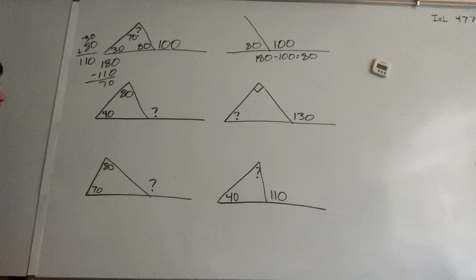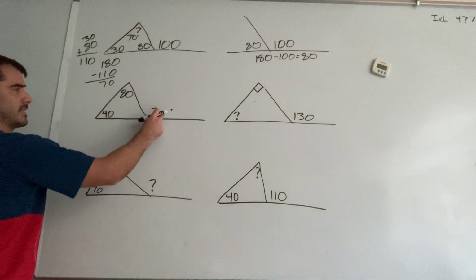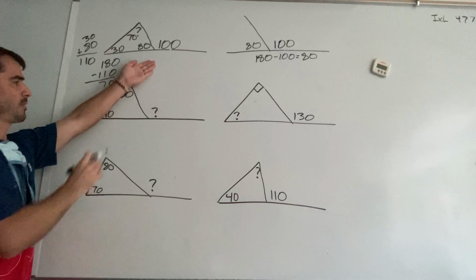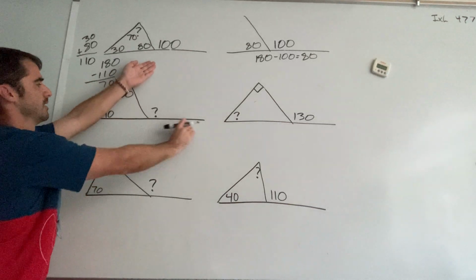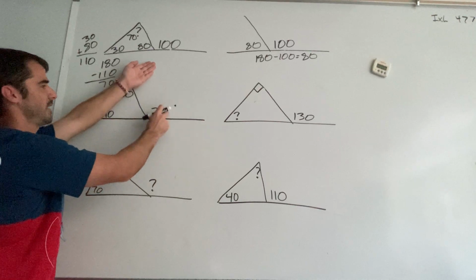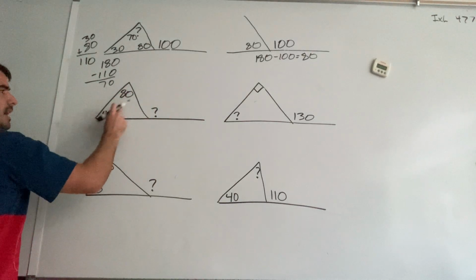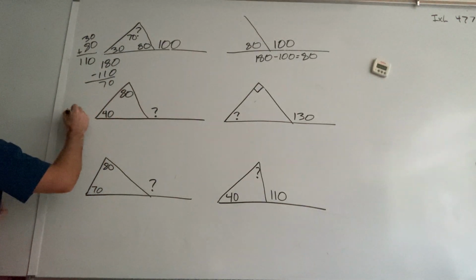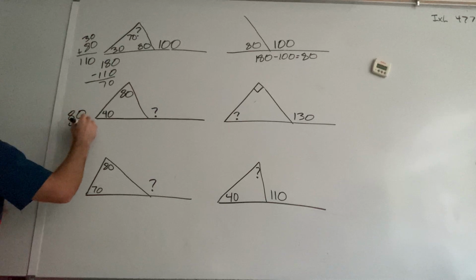Now this time, I need to find this side. Well, if I knew here, again, these are all the same. We've got a straight line. Okay, this full straight line that's 180 degrees. So if I knew this side, I could find this side. So I'm missing an angle inside a triangle. They've given me two pieces. I can add those together, 80 and 40.